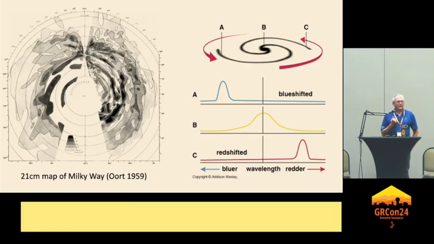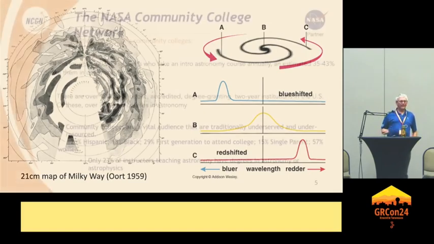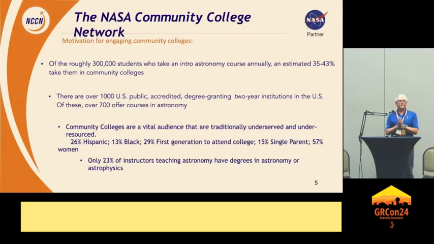And that was first done in the 1950s. This is an experiment that could be done very nicely if you're in a 4-year research university. You have access to your own radio telescope, you have nice labs, but it's not the case if you are taking astronomy or taking physics at a college that does not have those resources. And that's where the NASA Community College Network comes into play.